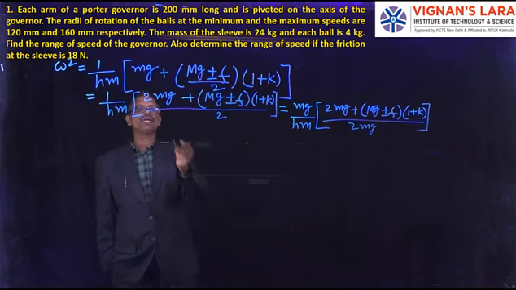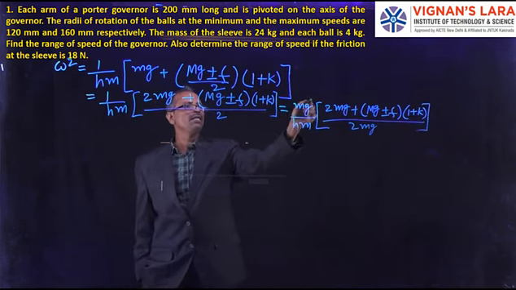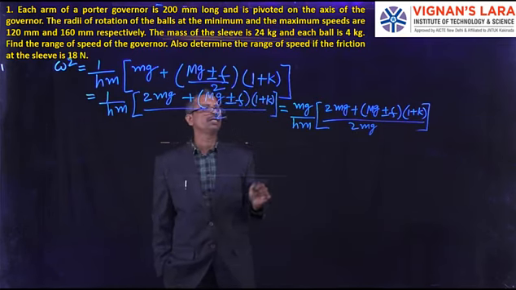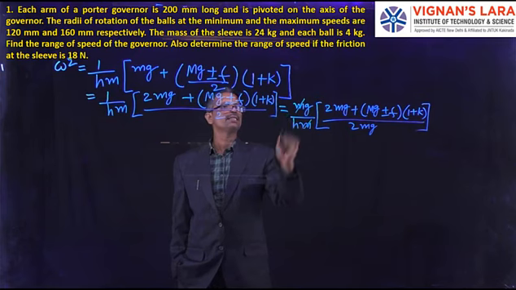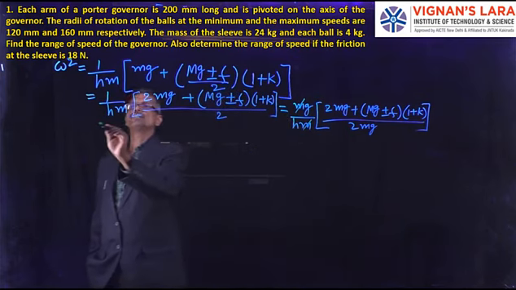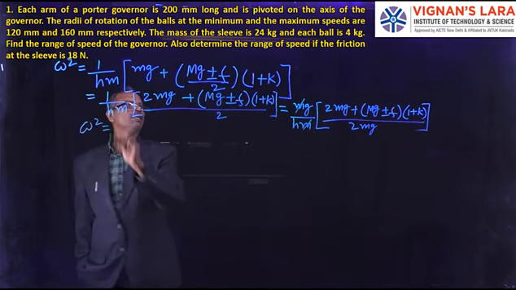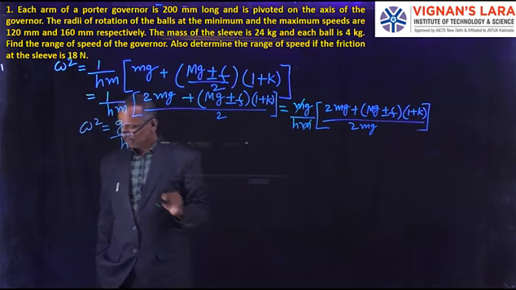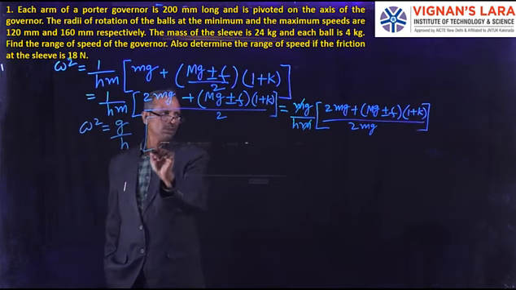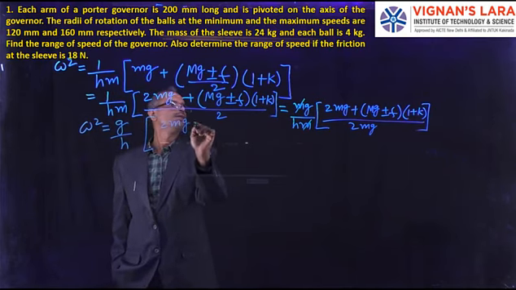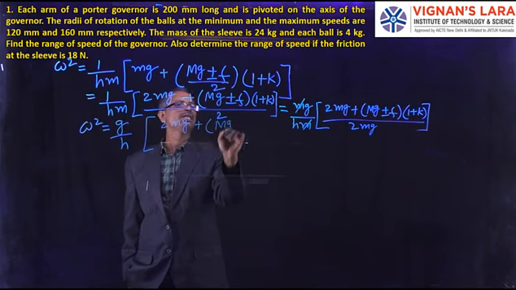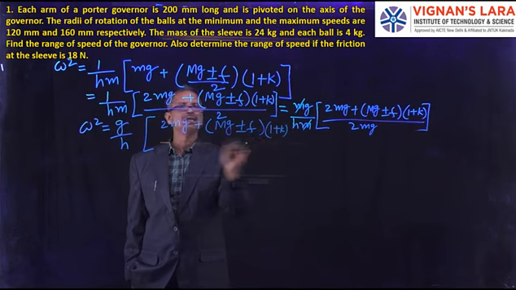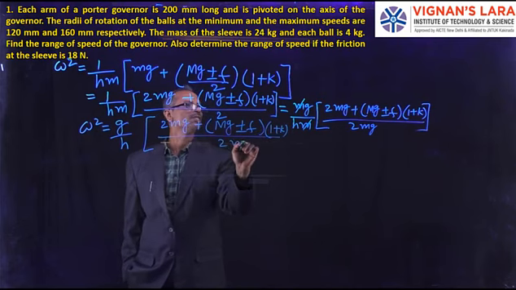So I did simply mg numerator multiplication, mg denominator multiplication, isn't it? So I can cancel this, then it gives omega square is equal to g by h, into 2mg plus mg plus or minus f into 1 plus k by 2mg.